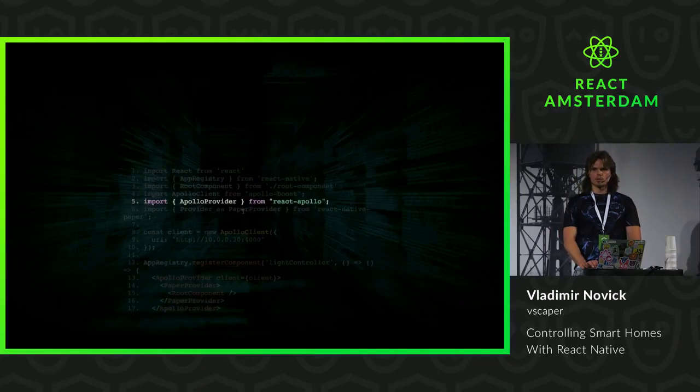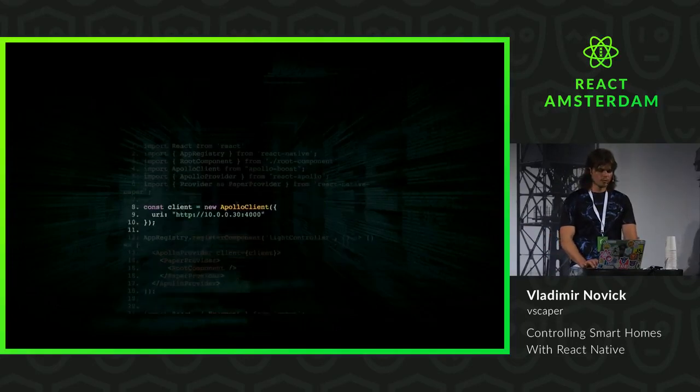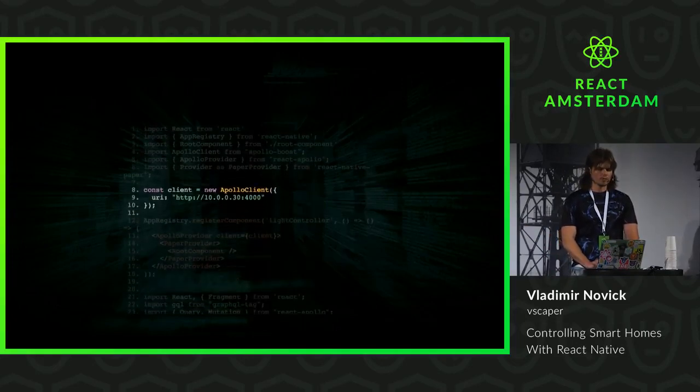Let's see how we deal with that from the actual application. In our application, I use the Apollo client for interacting from React Native with the GraphQL server. So I use Apollo provider from React Apollo, and I create a new client. The client has the URL of the bridge.